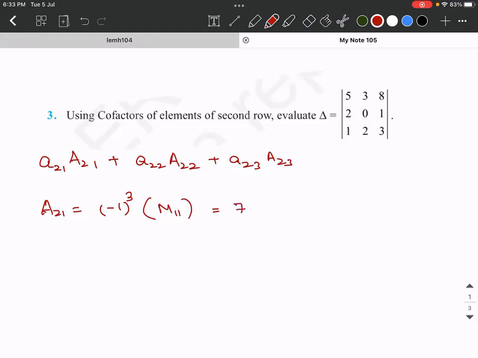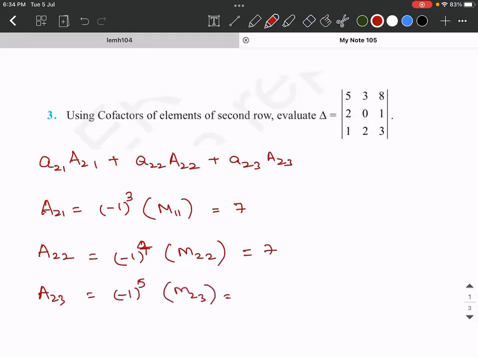Minus 7 or 7? 7. Okay. A22 is minus 1 power 4 into M22. 7 then. Okay. What about A23? Minus 1 power 5 into M23. So minus 6.